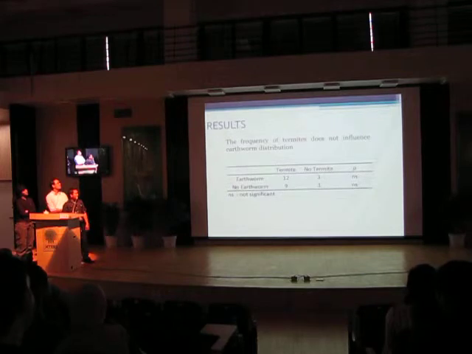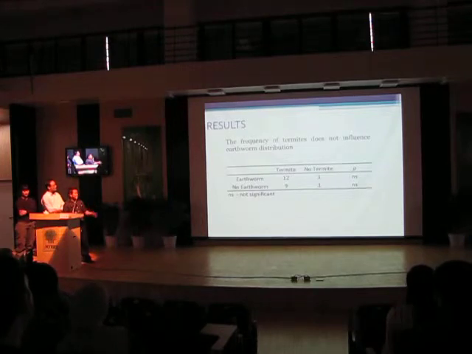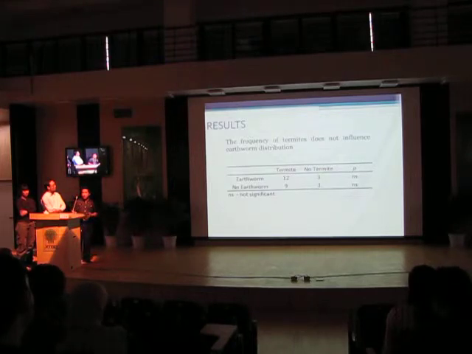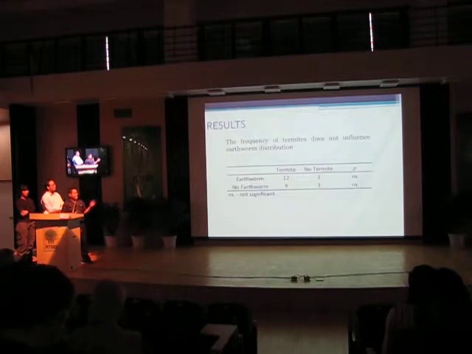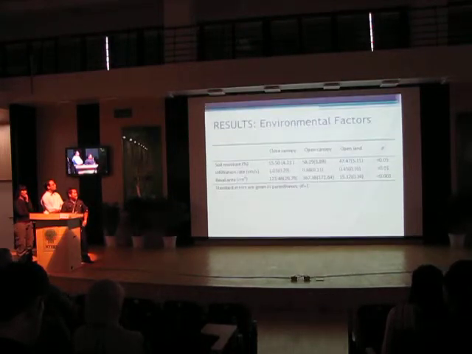And then this table shows that termites do not influence the distribution of earthworms, because we computed no significant results on whether the termites affect earthworm distribution.